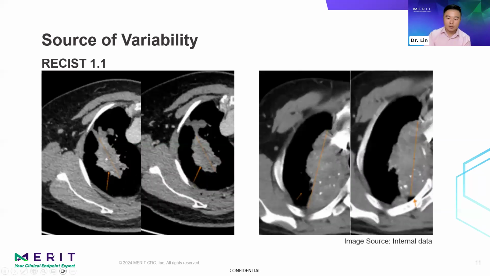Here's another similar situation, but with atelectasis this time. We can find the margin of the tumor lesion and the normal collapsed lung tissue by their different enhancement, but not always. Sometimes it's hard to know where the border of this lesion is.